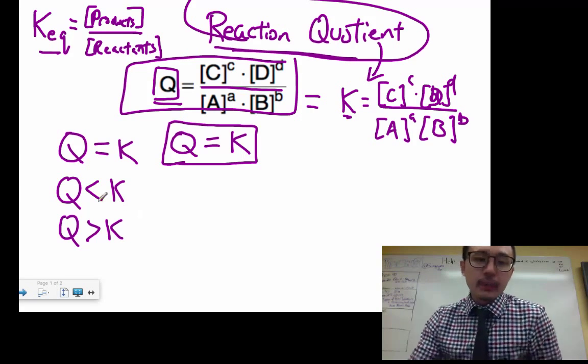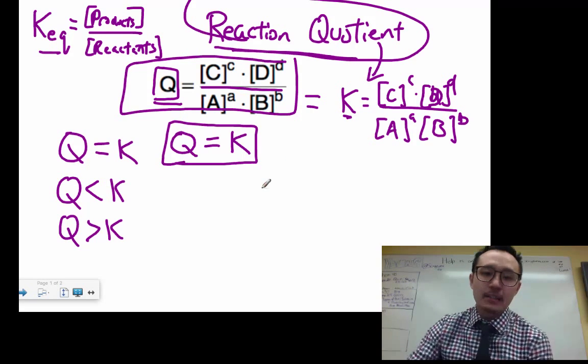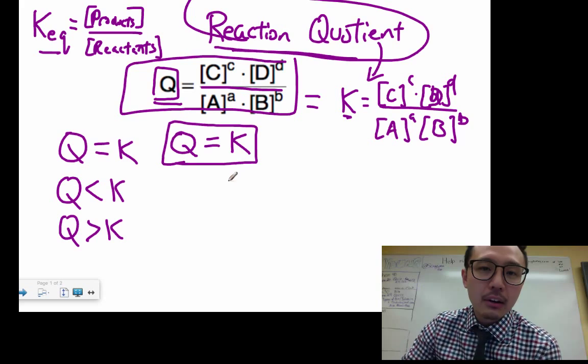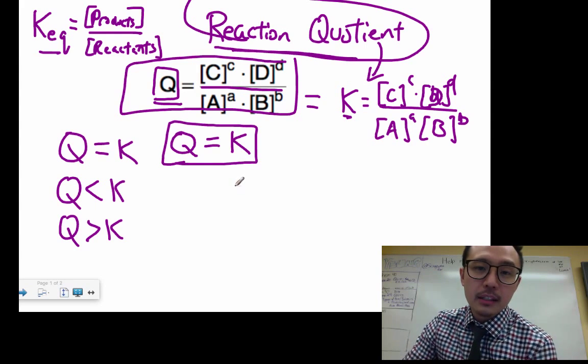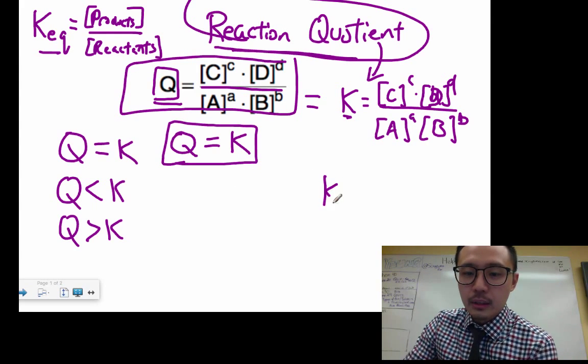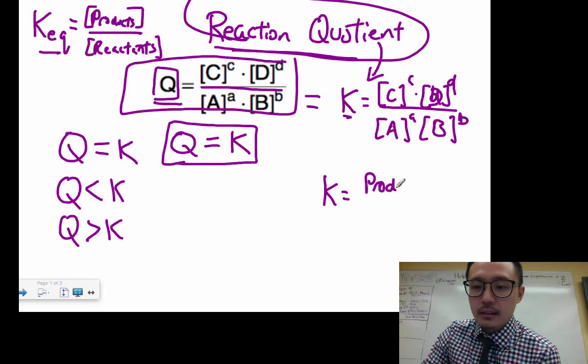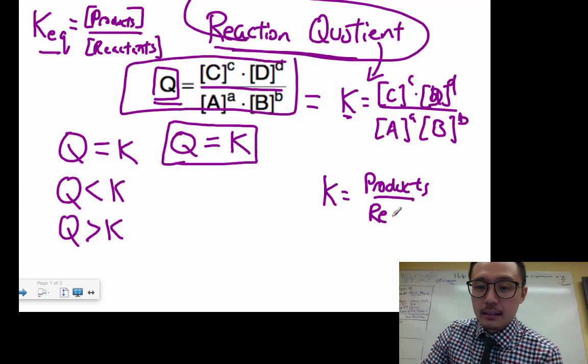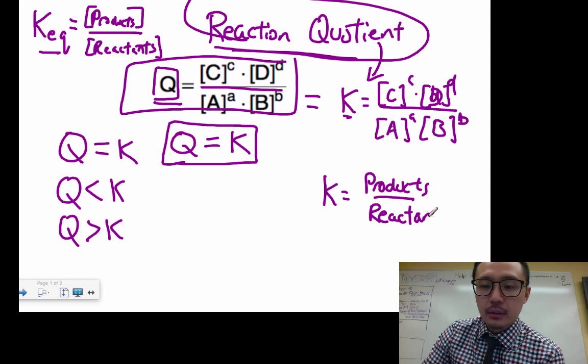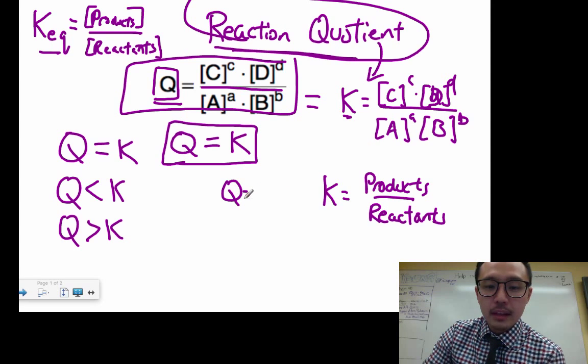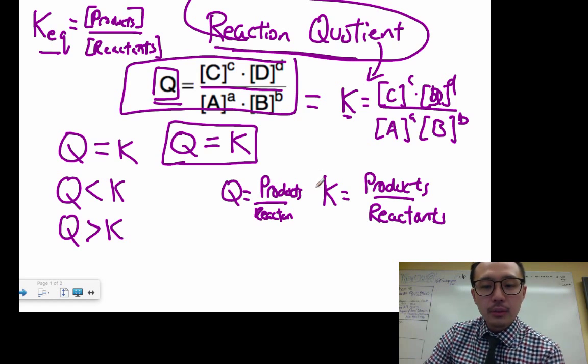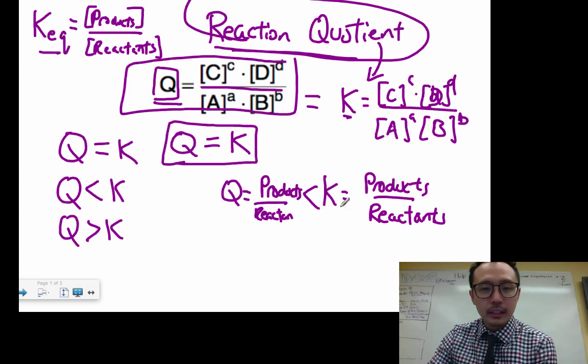So what happens when Q is less than K? First off, you have to understand how you get Q to be smaller than K. K is your products over reactants, and your Q is exactly the same thing, also your products over reactants. But how do you get a Q that is smaller than K?